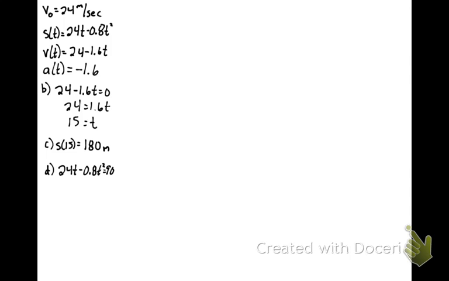So we have this quadratic that we need to solve, and this one will be kind of messy, but when we set it equal to 0, we've got 0.8 t squared minus 24t plus 90 equals 0.